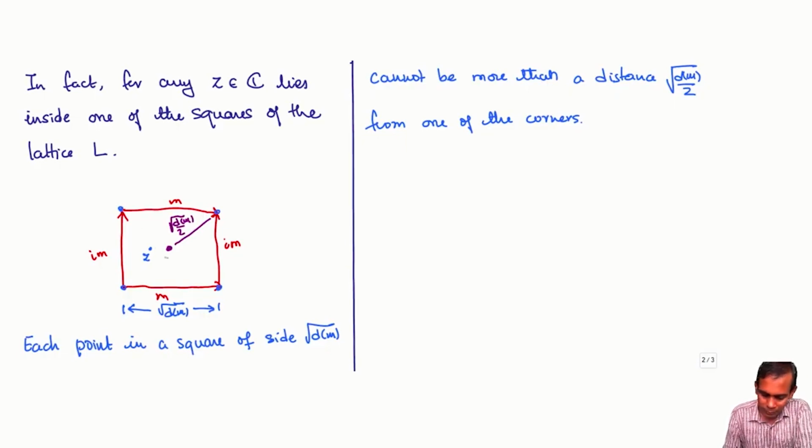Every other point must be a smaller distance from at least one of the corners of the square.